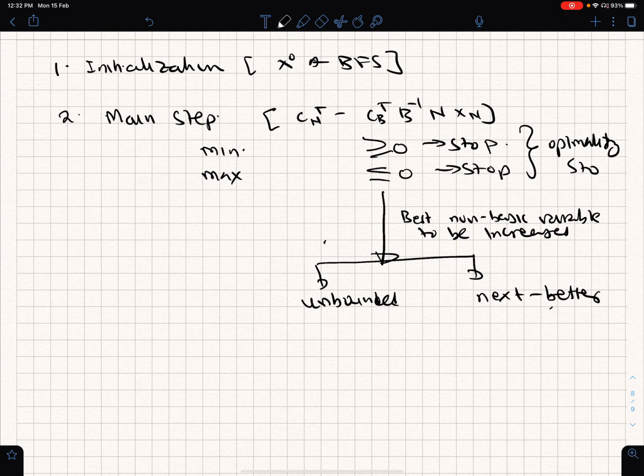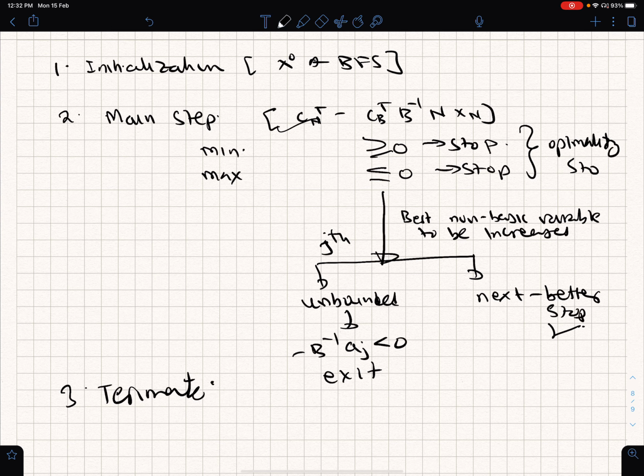If you identified the jth variable to enter and minus of B inverse aj is strictly less than 0 in a minimization problem, then you just exit, because it's an unbounded case. Otherwise you go to the next better solution, check again, and so on until you terminate. Okay, so we will solve one problem and understand it better.